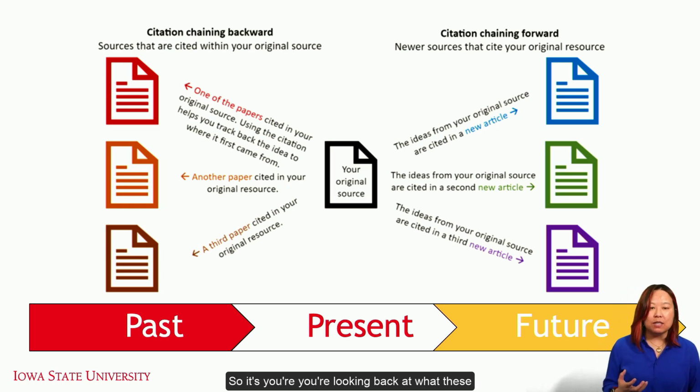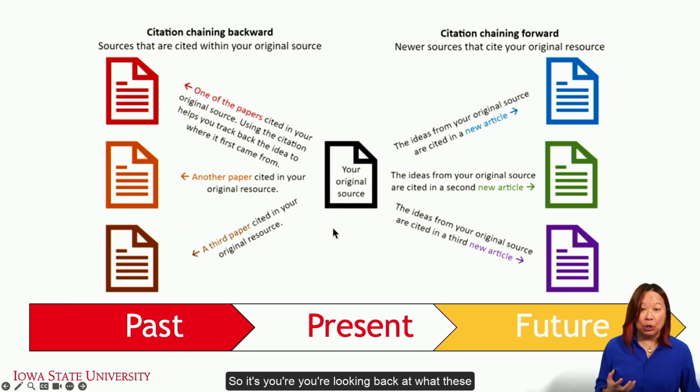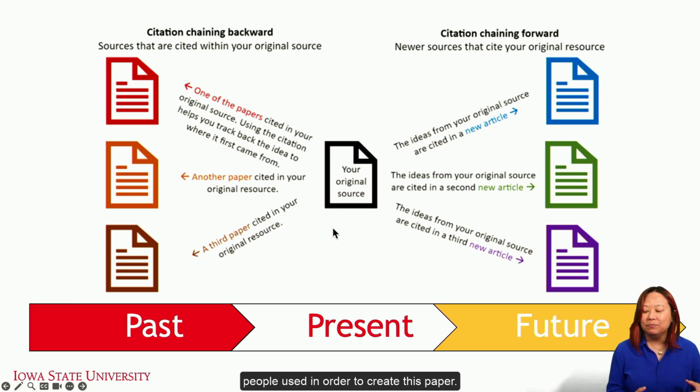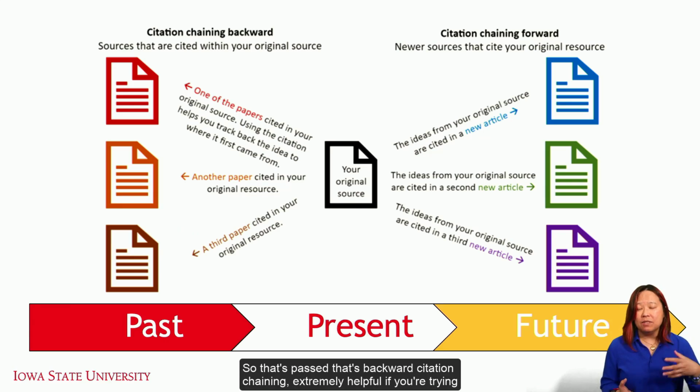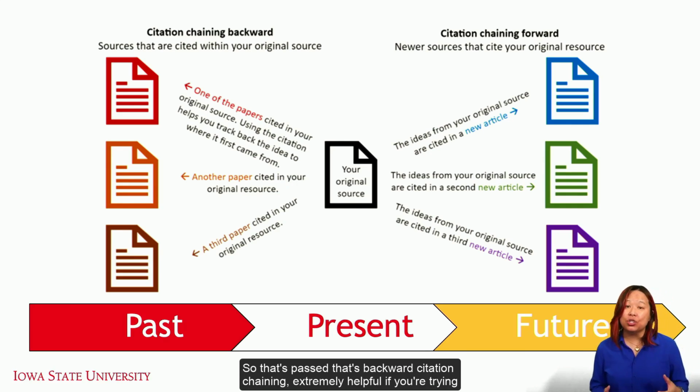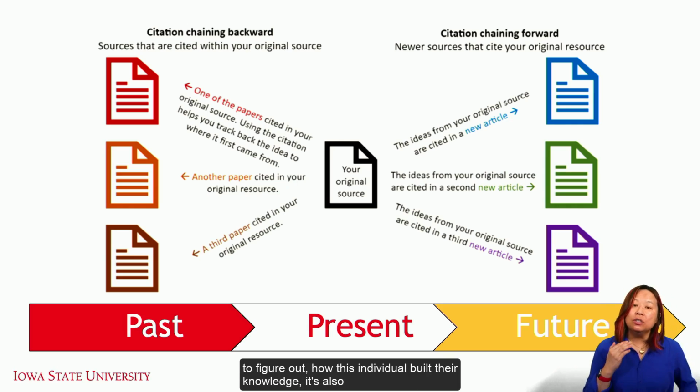So oftentimes, especially when we look in Google instead of Google Scholar, and we find an article or a blog or whatever, and it comes up with this fact, and you want to see whether or not it's true, you can go to its sources, and that is citation chaining backwards.